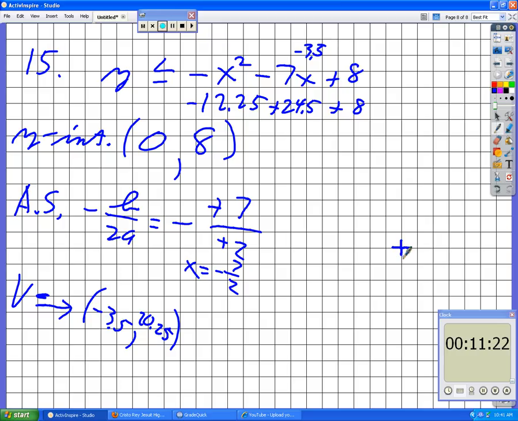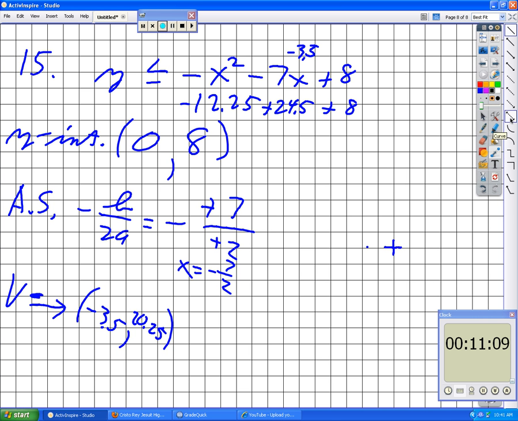So we're counting by twos. So this is 2, 4. So negative 3.5 is going to be about here. Right? And we're doing a dotted line because it's the axis of symmetry. So we're going to go about here.